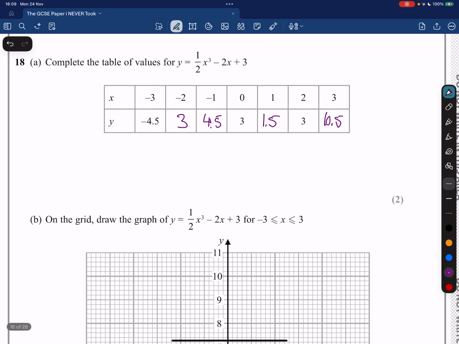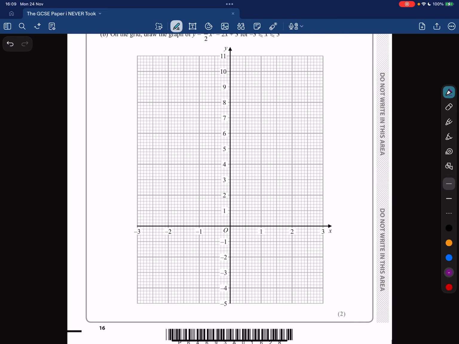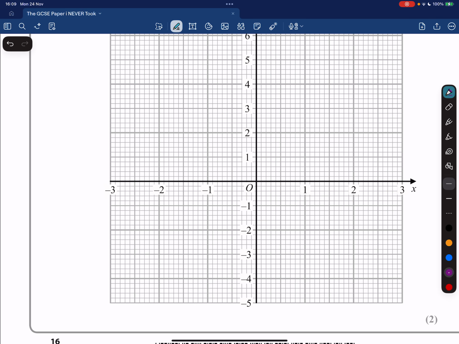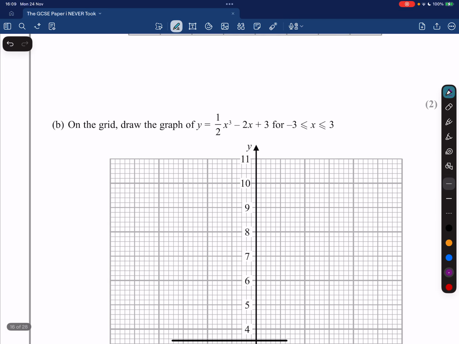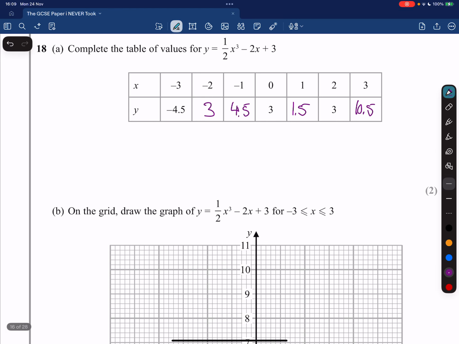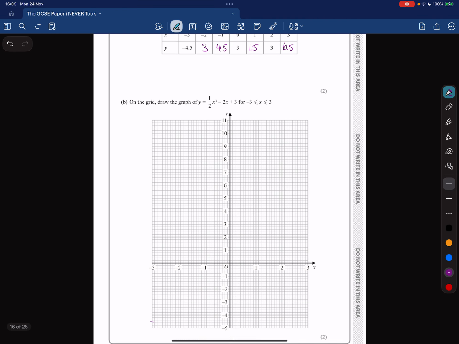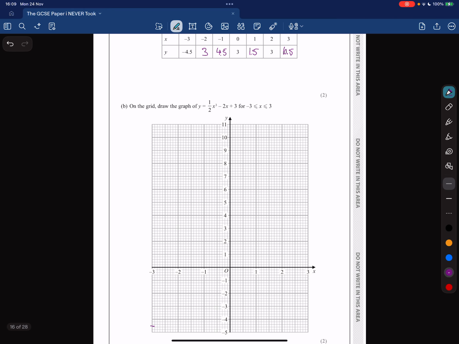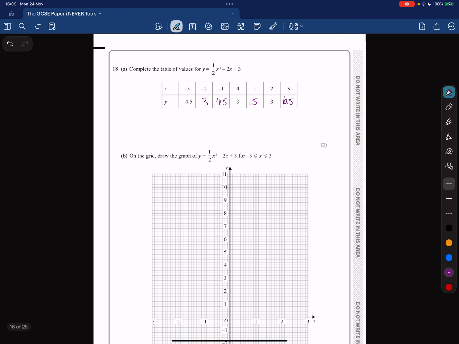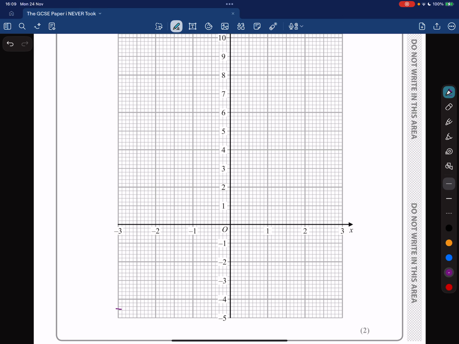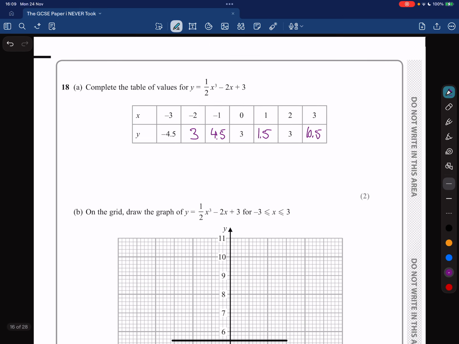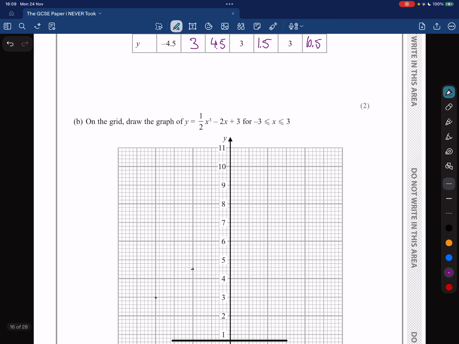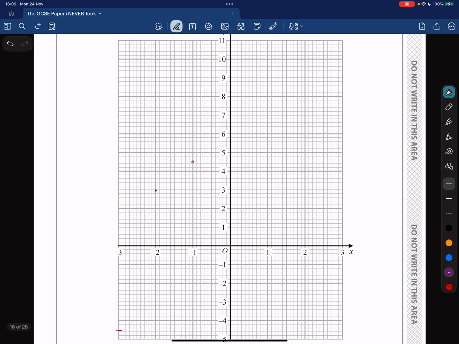Okay, so now we need to plot this. So minus 3, minus 4.5. So the first point goes there. And then we've got minus 2 and 3. Or maybe I didn't give you a chance to do this. But anyway, you just need to draw the graph for it. I know you might not have the exact question paper, but that's fine. Minus 2 and 3. That goes up to here. Minus 1 and 4.5. You go up to there. 0 and 3.